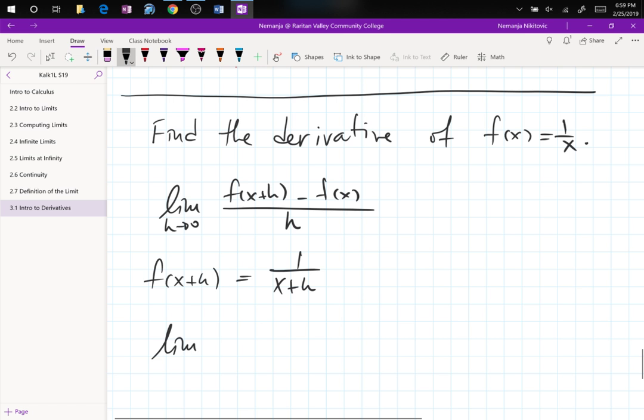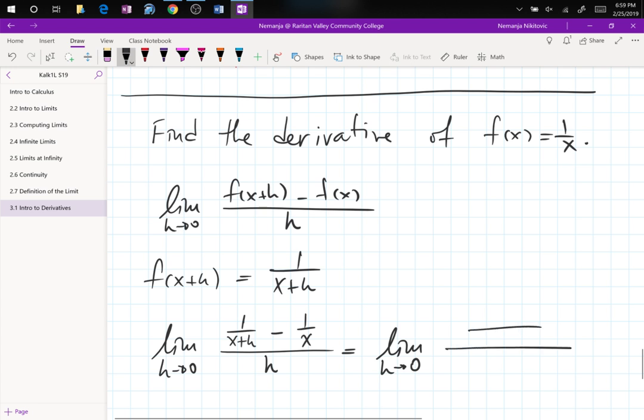So limit h goes to 0, 1 over x plus h minus 1 over x, over h. Limit h goes to 0. And then we cross multiply to get the common denominator.